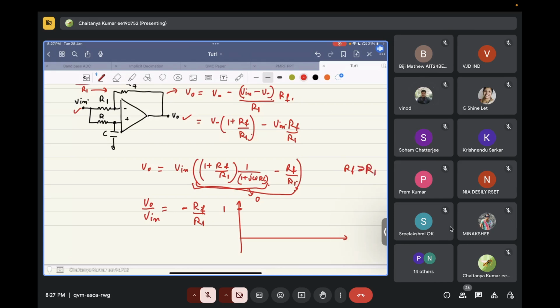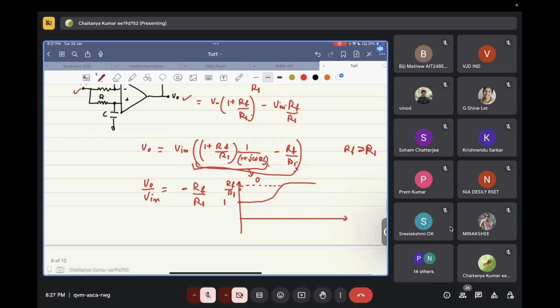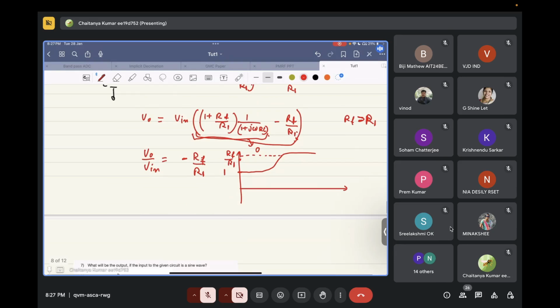At very high frequencies, our gain will go and settle somewhere over here, RF by R1. This is our magnitude response. Our phase response: at omega equal to zero, our phase will be zero.